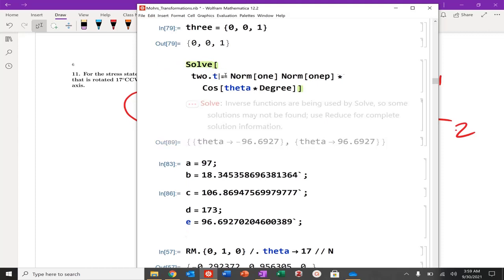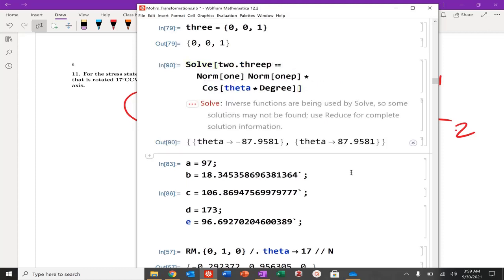F is going to be 3 prime. G is going to be between 3 and 1 prime.